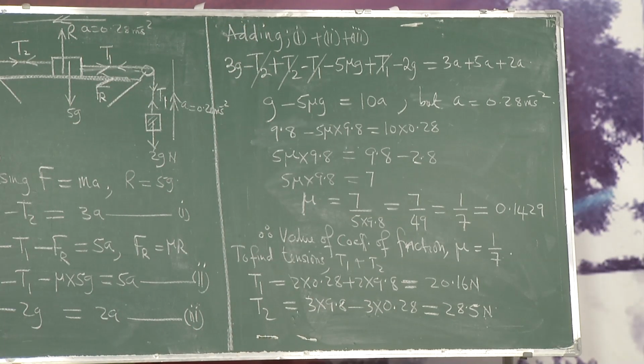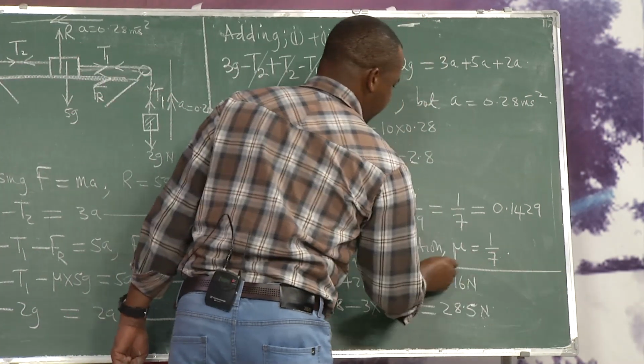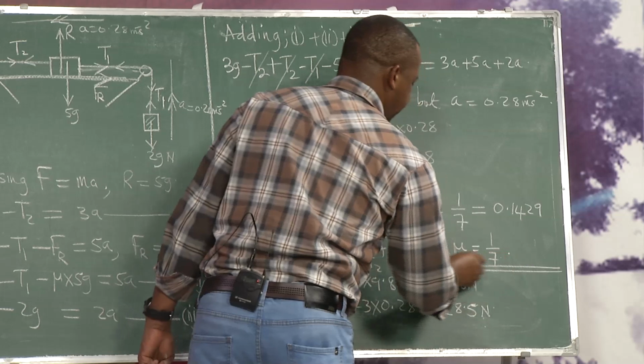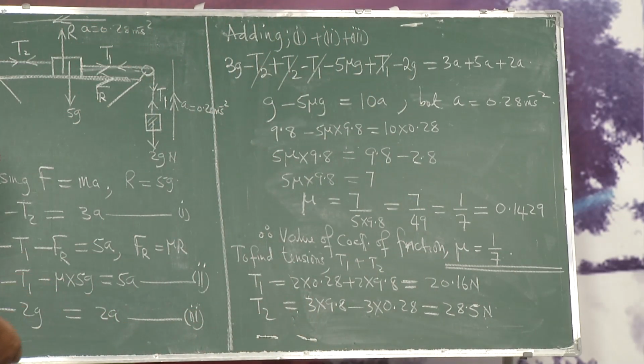Otherwise, according to this question, we are mandated to solve up to here. But for purposes of further learning, I want to show the students attending this lesson that we can also find the values of T1 and T2 so that we completely solve that number.